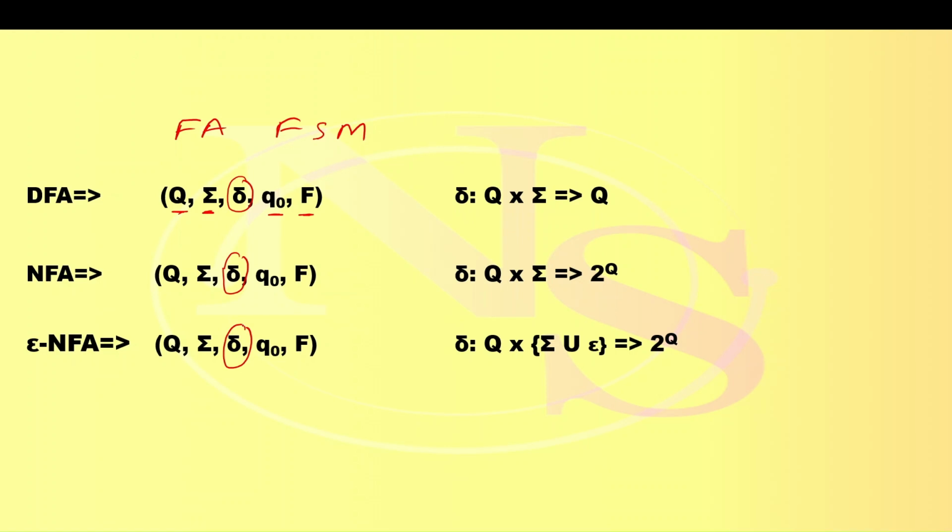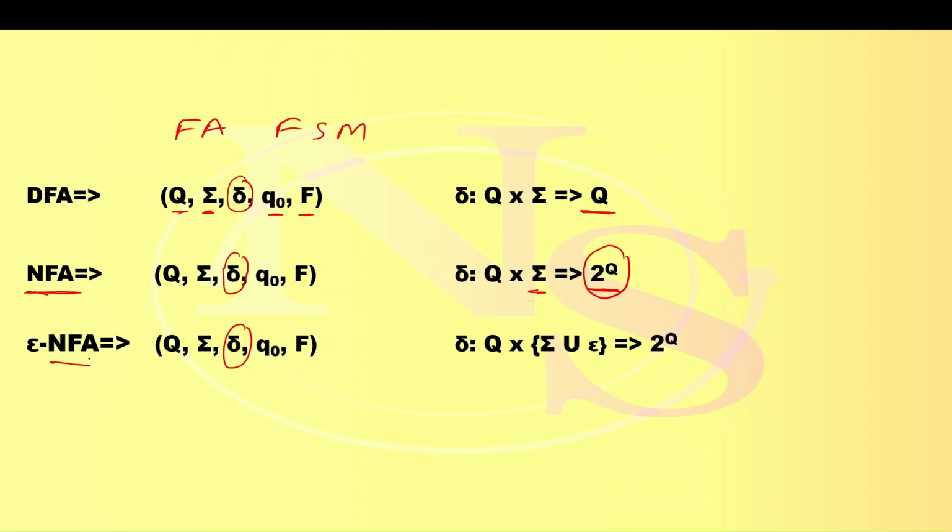What is that? In deterministic, one state reading one symbol goes to only one state. That's why here only one state, Q. In NFA, it's a non-deterministic behavior. By reading one symbol, that state will go nowhere, meaning 0 states, phi. It will go to one state or to 2, 3 based on this power set, 2 raised to Q. This 2 raised to Q defines NFA.